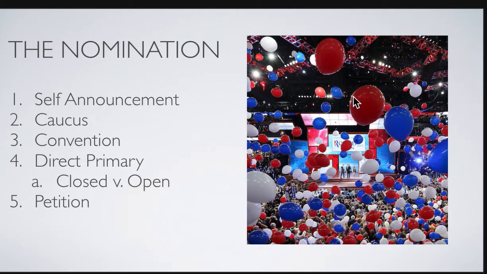Today, you're going to see several states that still have a caucus to determine who their nominee will be for their party on the ballot. Iowa is one of those states that you will hear about early on in the campaign season. Iowa and New Hampshire are two of the first states to hold their caucus, and they will meet together and decide they want to put candidate A on the ballot for the Democratic Party.